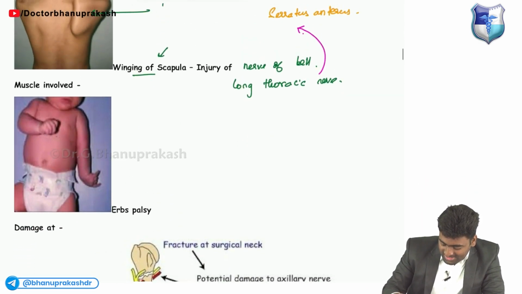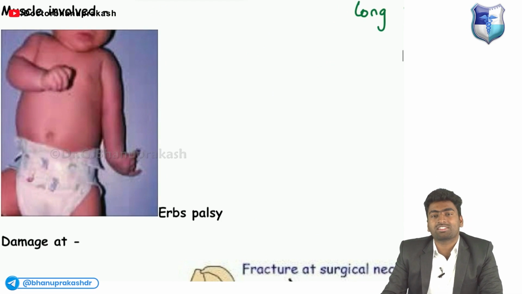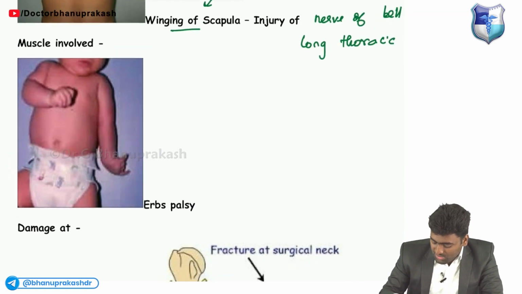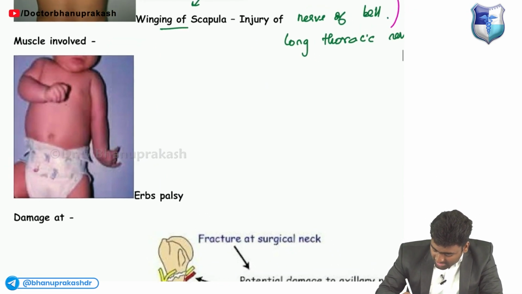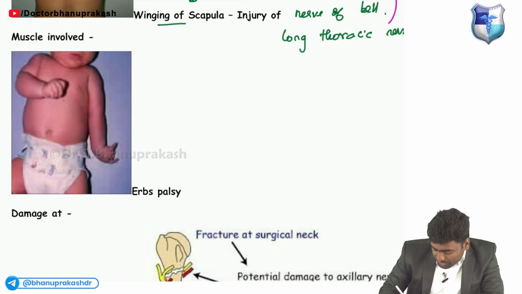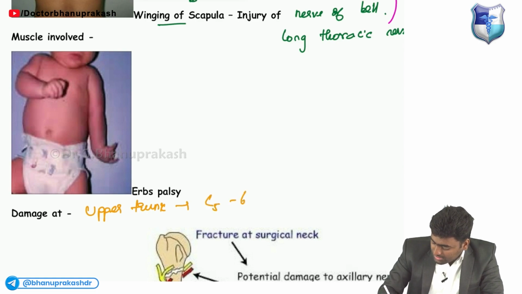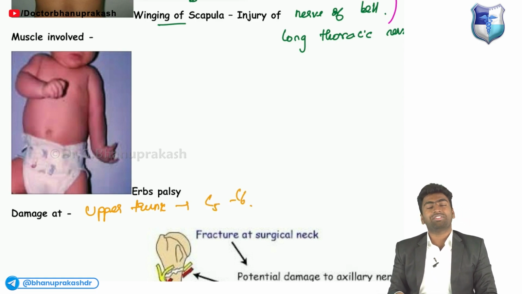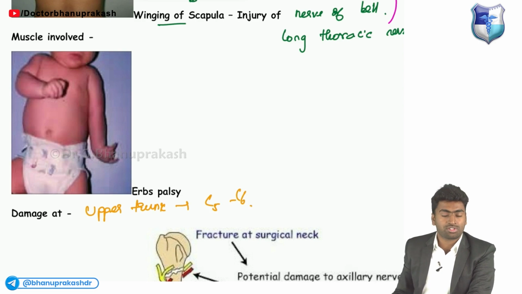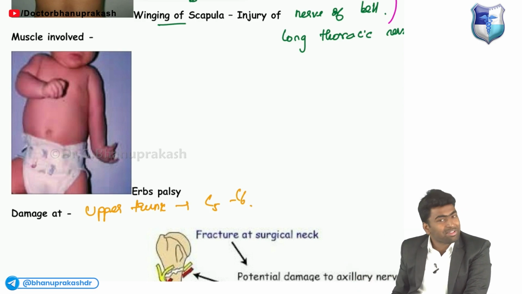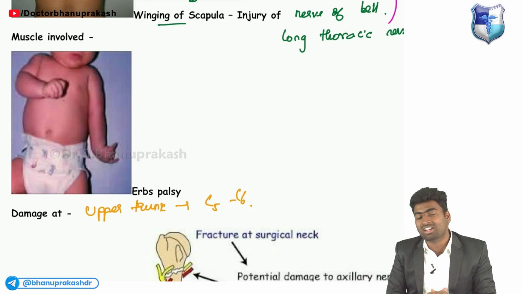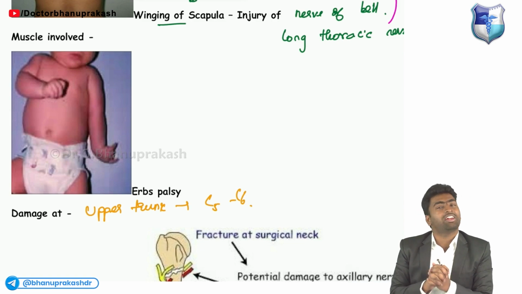Next, if you see this one, which is known as Erb's palsy, which is known as what? And we know Erb's palsy is damage to the upper trunk, remember, and it is at the level of C5 to C6. Okay, we know the muscle which is causing abduction of the shoulder till 90 degrees. What is the name of the muscle which causes abduction of this shoulder from 15 to 90 degrees?